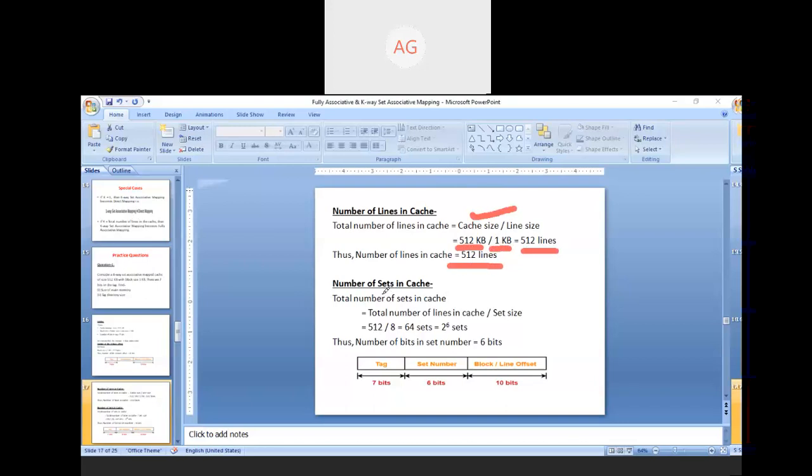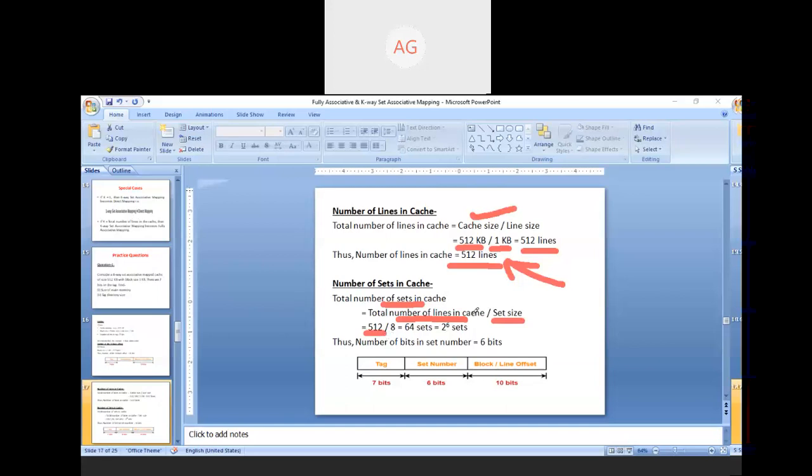Now we can easily find out the number of sets in the cache. The number of sets in the cache can be found by using the formula: total number of lines in the cache divided by set size. As we already found the number of lines in the cache, which is 512 lines, and it is already given in the question that it is 8-way set associative mapping, the value of k is 8.